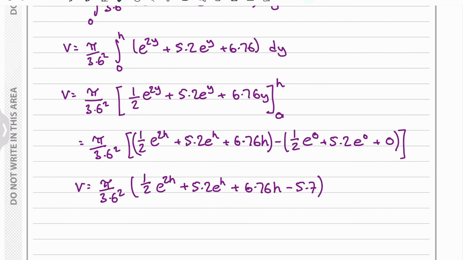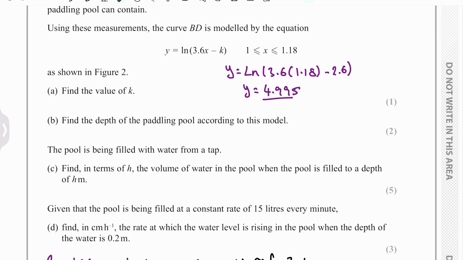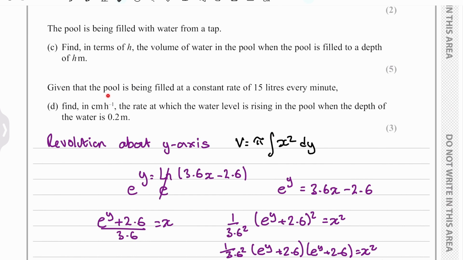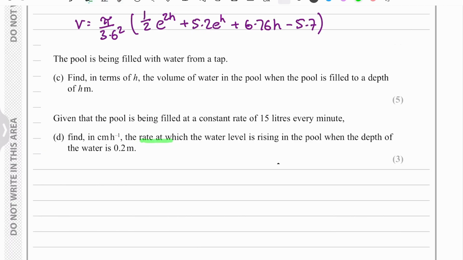And then for part D, given that the pool is being filled at a constant rate of 15 litres every minute, find in centimetres per hour the rate at which the water level is rising in the pool when the depth of the water is 0.2 meters. So we've been asked to work out the rate at which the water level is rising.